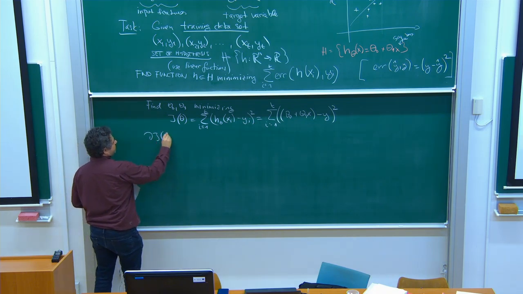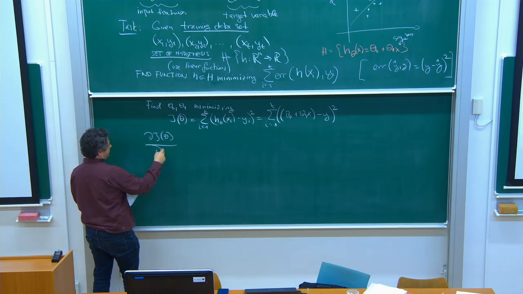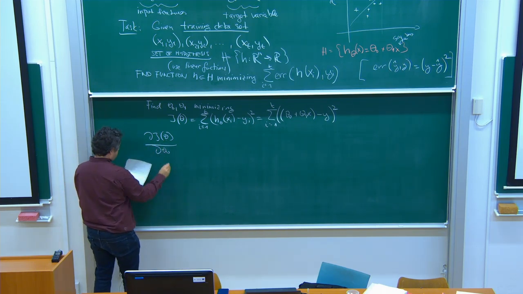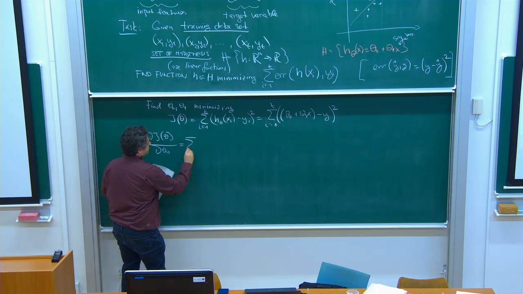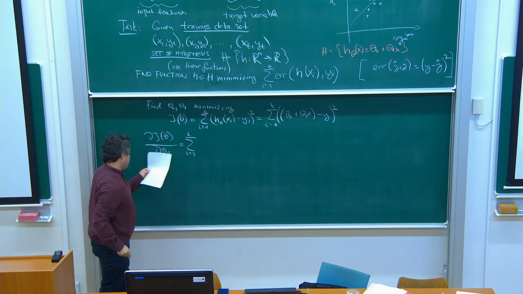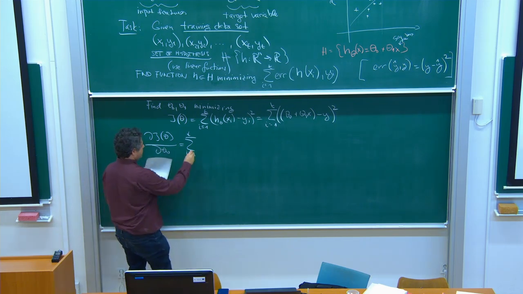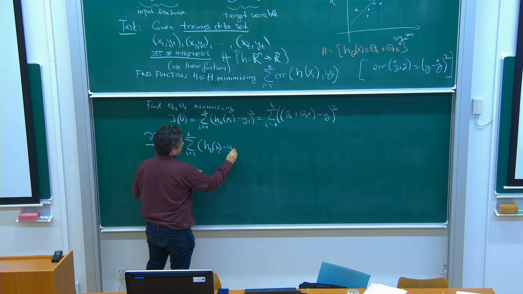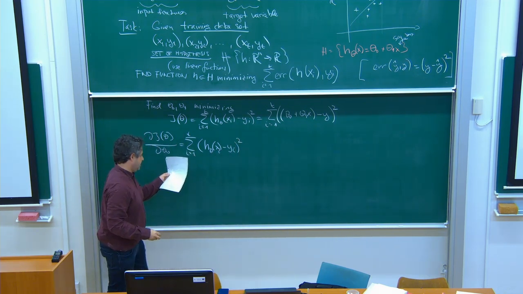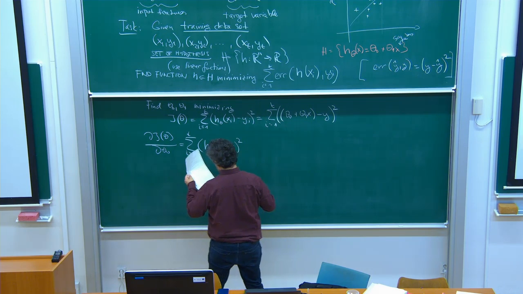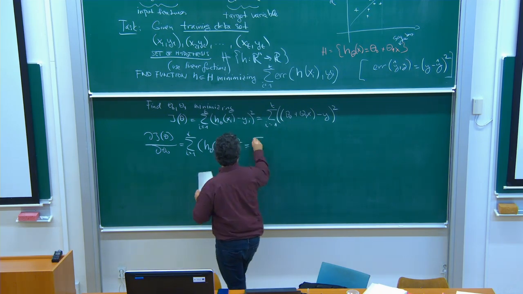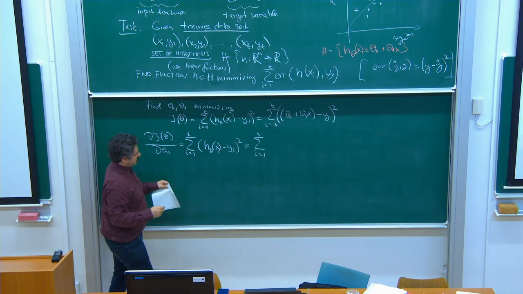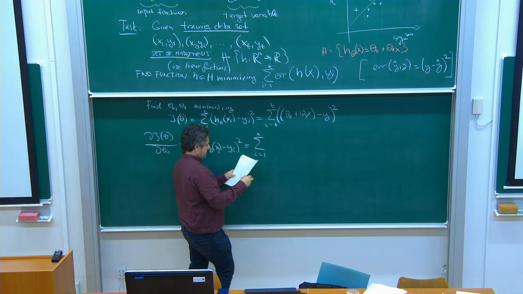So we are trying to find the partial derivative of this function with respect to theta 0. So this is the sum from i equals 1 to t of h theta x i minus y i, squared. We need to rewrite this a little bit.